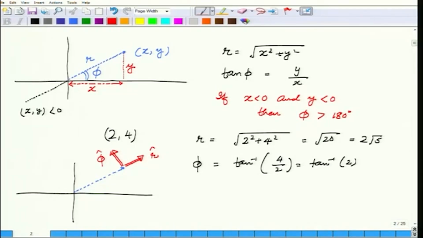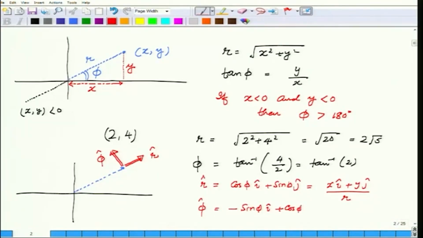And we have seen in the lectures where we set up these coordinate systems that r unit vector is nothing but cosine of phi i plus sine of phi j, which can also be written as x i plus y j over r. And phi unit vector is minus sine of phi i plus cosine of phi j, which can also be written as minus y i plus x j over r.